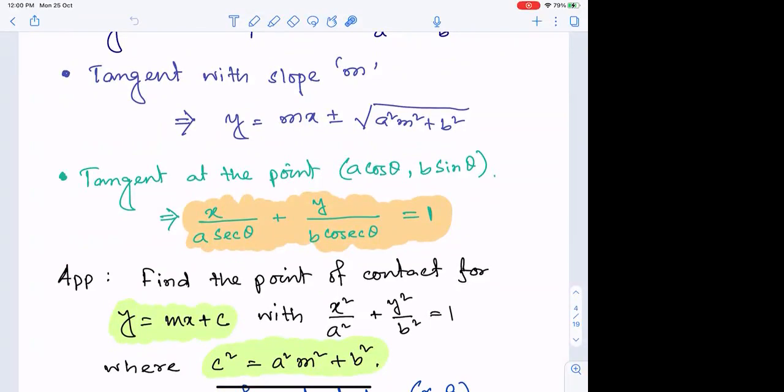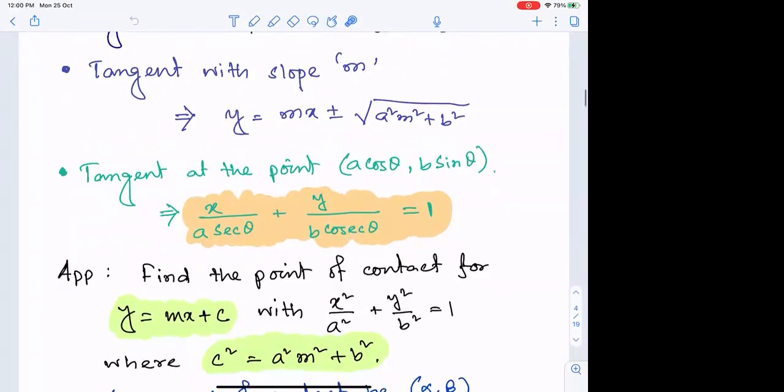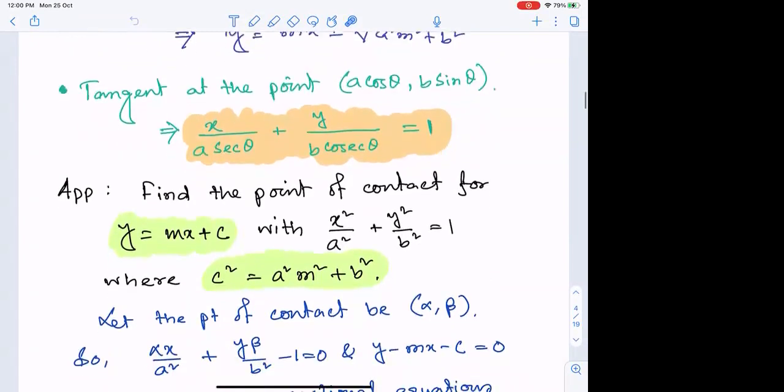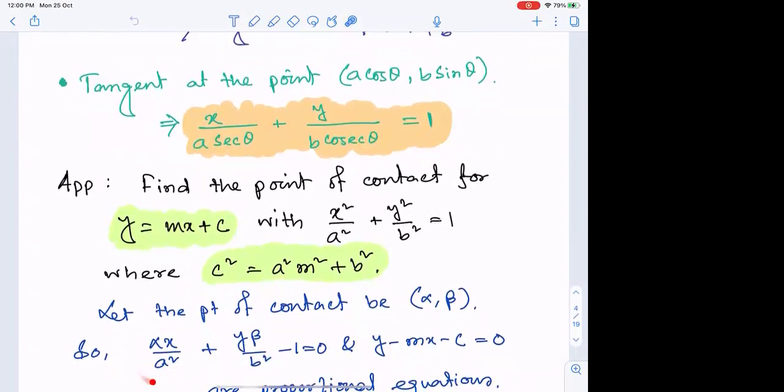So if we need to have the point of contact, we can think of the point of contact as some alpha comma beta, and hence the T transformation due to alpha comma beta, that is x alpha by a square plus y beta by b square minus 1 is equal to 0, must be proportional to y minus mx minus c is equal to 0.